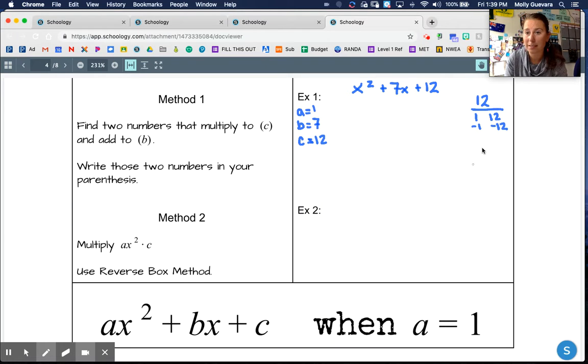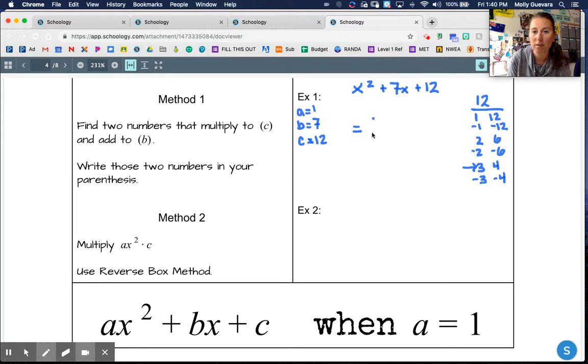Those do not add to 7. I have 2 and 6, or -2, -6. Neither one of those adds to 7. Then I have 3 and 4, or -3, -4. And this one right here adds to 7: 3 plus 4. So +3, +4.